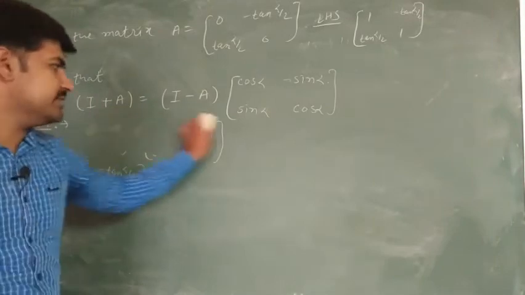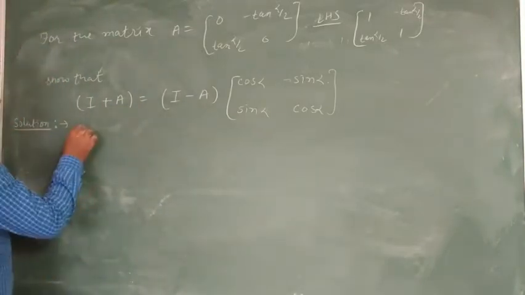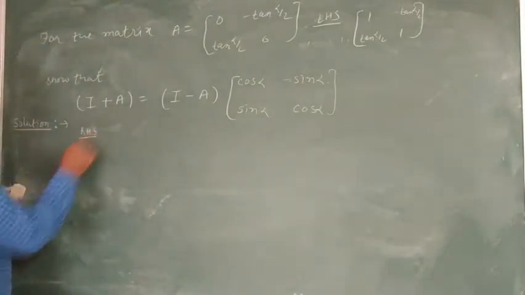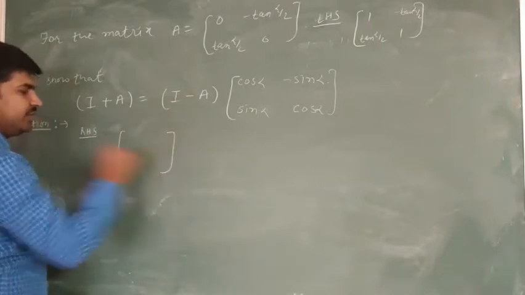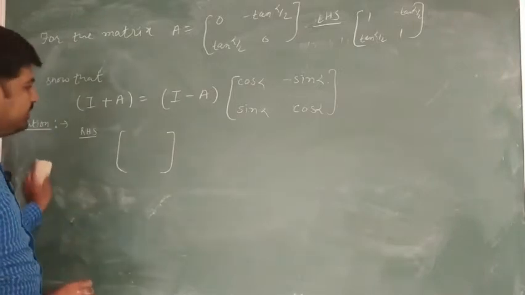Now we'll go for RHS, students, and RHS is obviously I minus A. I am directly writing the value of I minus A here.